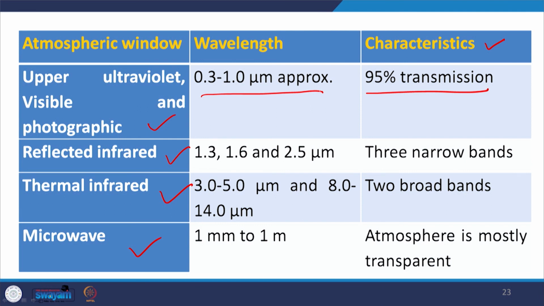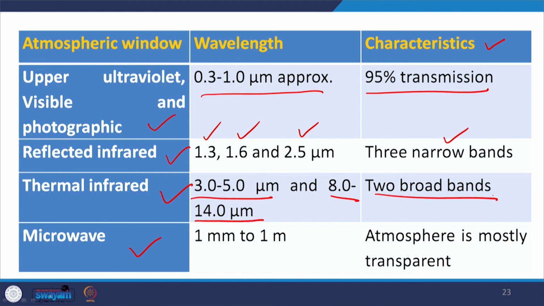In reflected infrared we have 3 regions: 1.3, 1.6 and 2.5 micrometer. These are the 3 narrow bands. If a sensor is designed for these 3 narrow bands, they are very useful to us. Then in thermal infrared we have 2 big regions, 3 to 5 micrometer and 8 to 14 micrometer. These are the 2 broad bands.